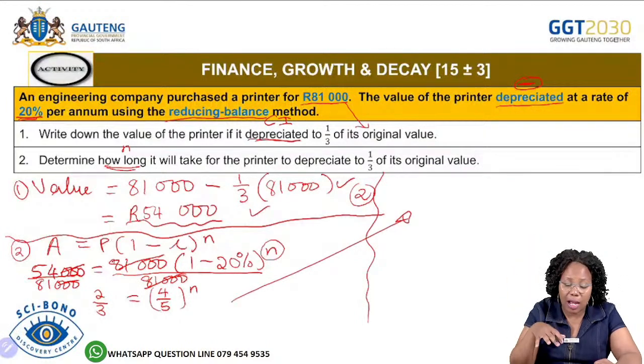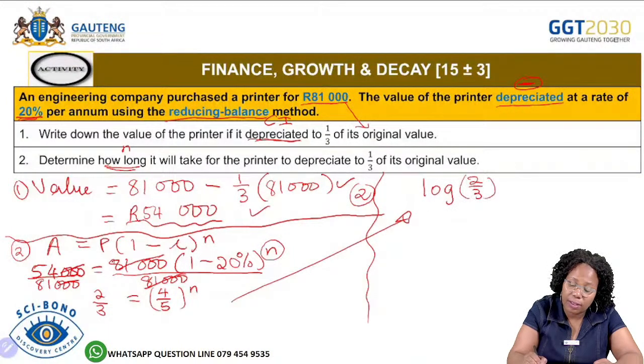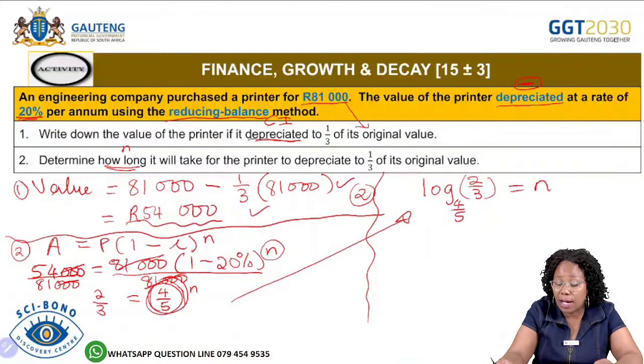So we bring along our logs in order to assist us. When you bring a log there, this will be log 2 over 3. And our base now, this 4 over 5 here, will become a base there, and now that n will come down.